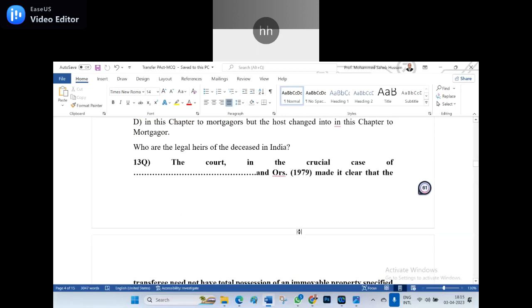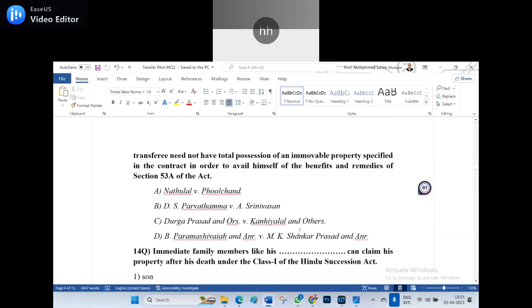Okay. 13th question. The court in the crucial case of dash and others made it clear that the transferee need not have total possession of an immovable property specified in the contract in order to avail himself of the benefit of the remedies of Section 53A of the Act.